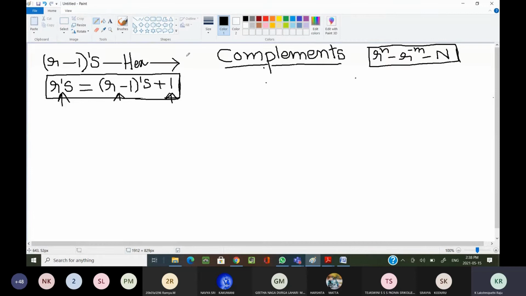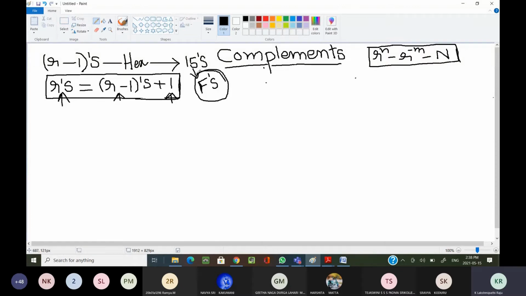Now, r minus 1's complement means what? In the hexadecimal number system, 15's complement. This 15's we can also write as F's, because we don't have 15 in our hexadecimal number system. That 15 we are writing as F. We call it F's complement.